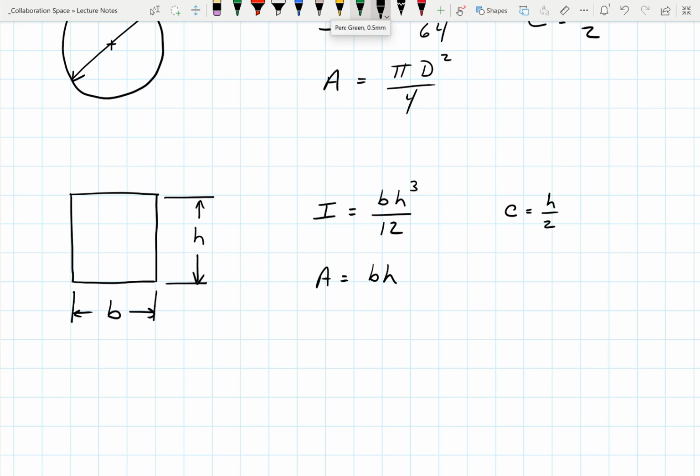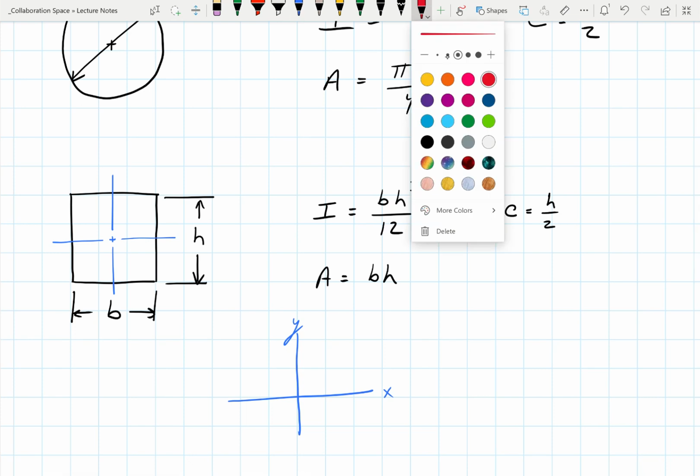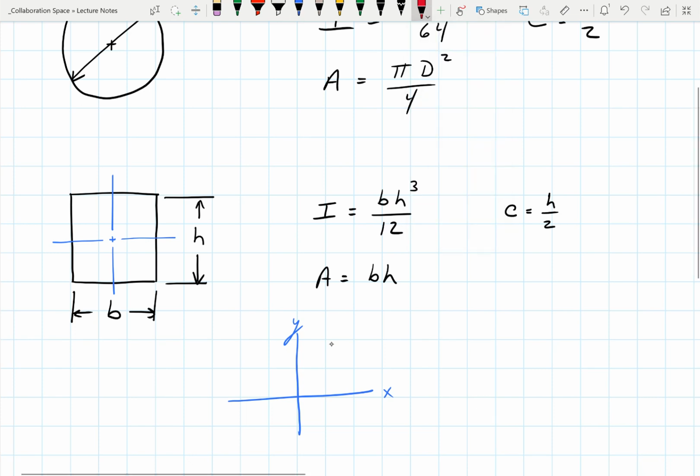I'm going to do something just to make sure you guys are getting what the book's doing sometimes. So if you remember from math, that's your x-axis, that's your y-axis, right? And you were given a line that went here, okay?